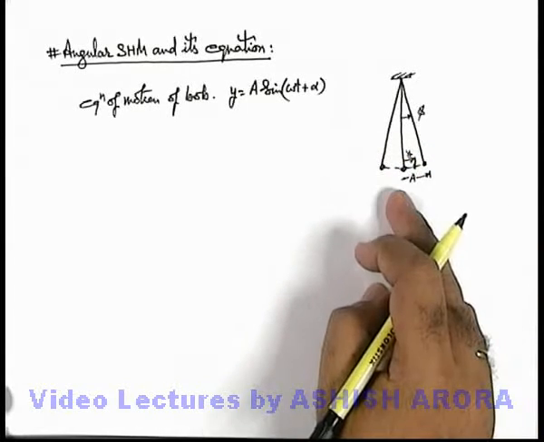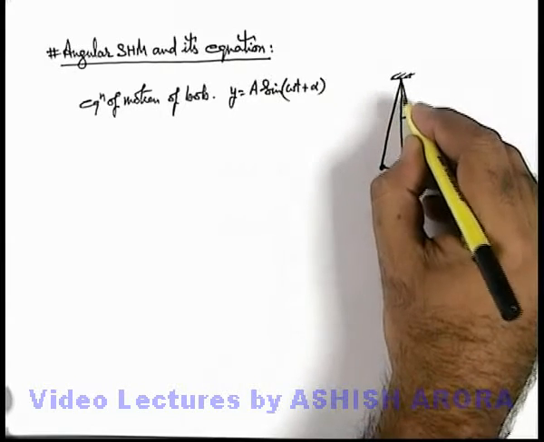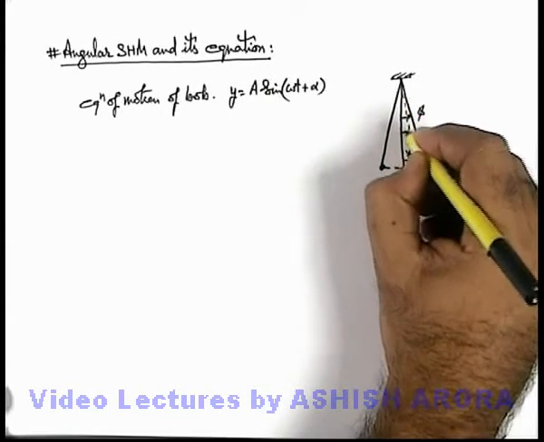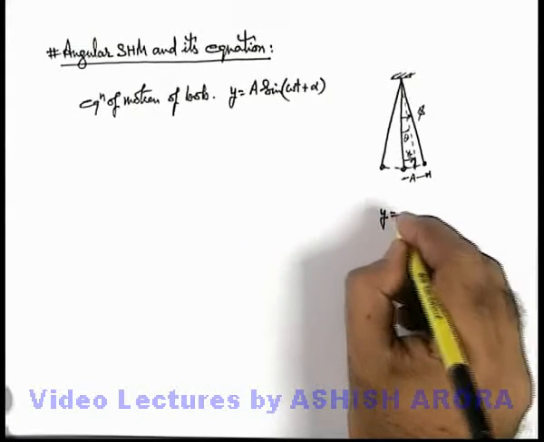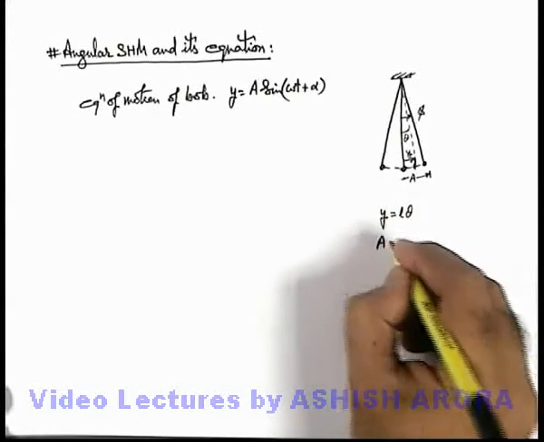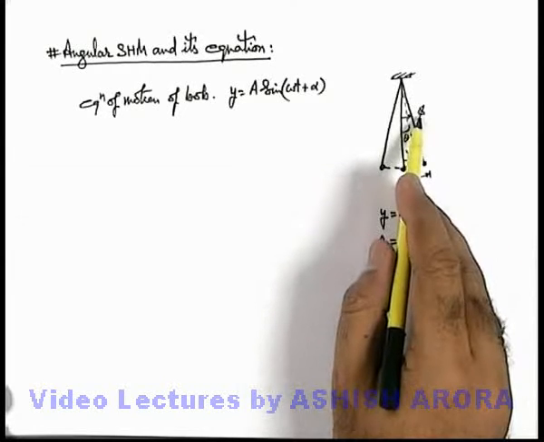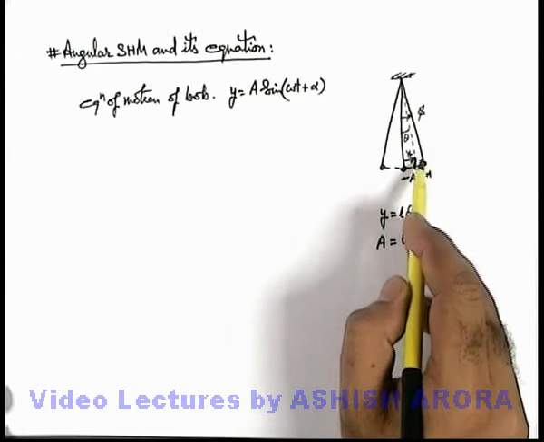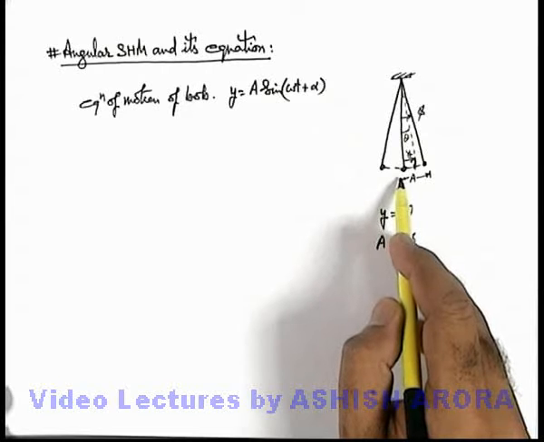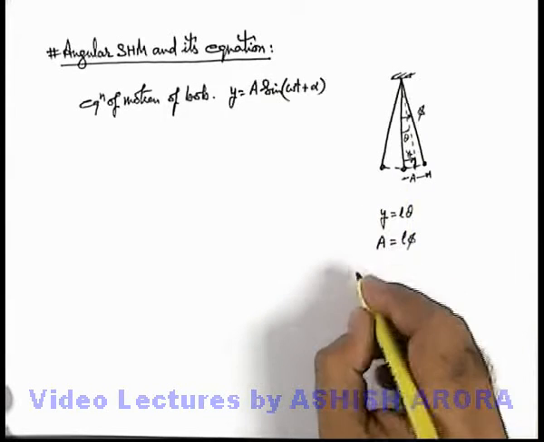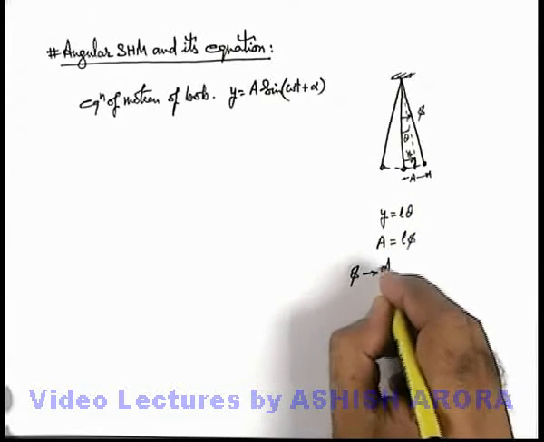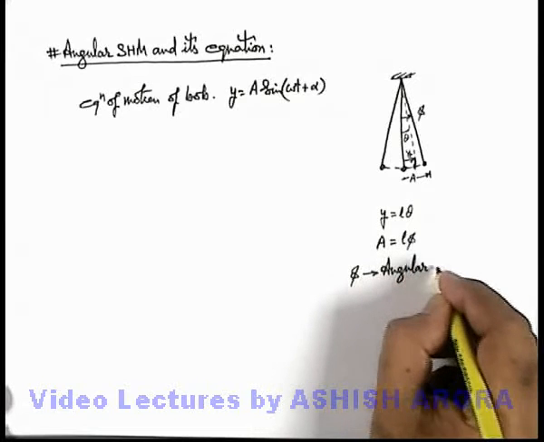Now in this situation, if we talk about the angle corresponding to the position y, say it is theta, then we can write here y is equals to L theta, and amplitude of oscillation can be written as L phi. Here phi is the maximum angular displacement of a string from the equilibrium position. So here phi is also termed as angular amplitude of oscillation.